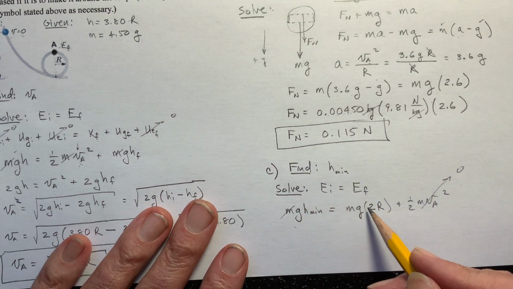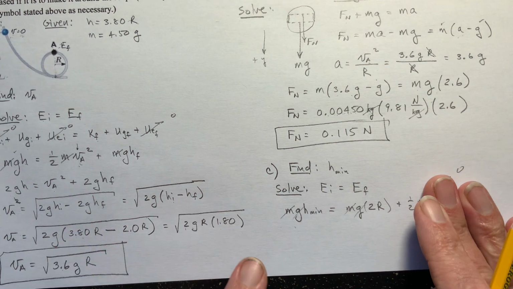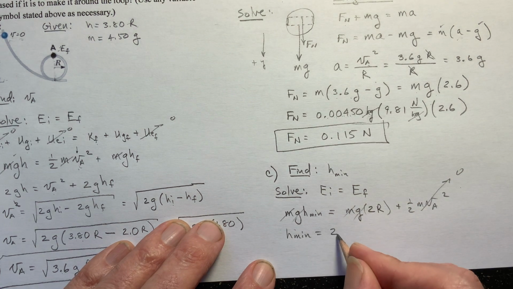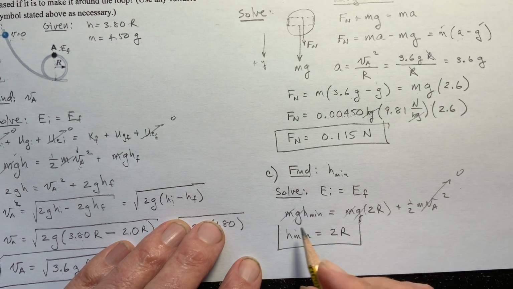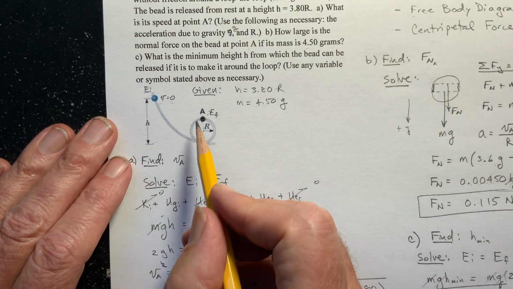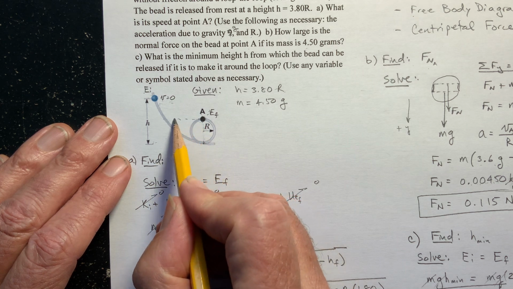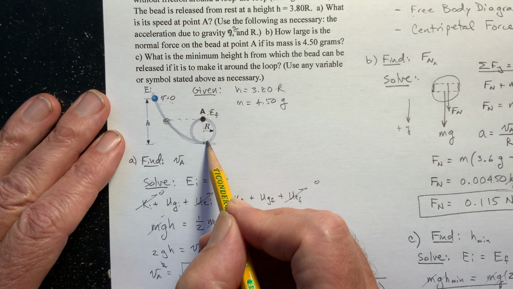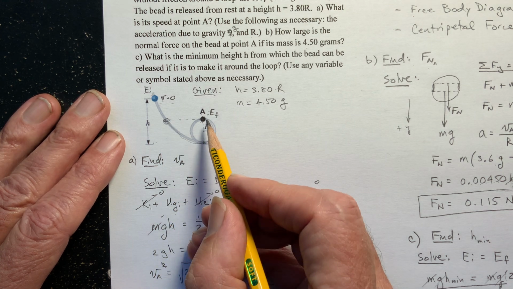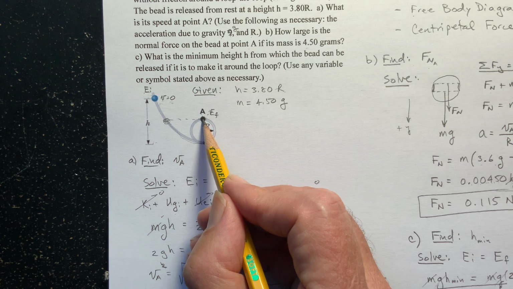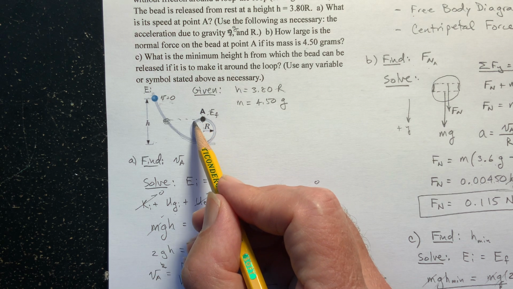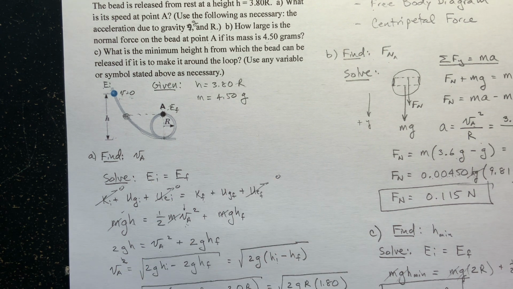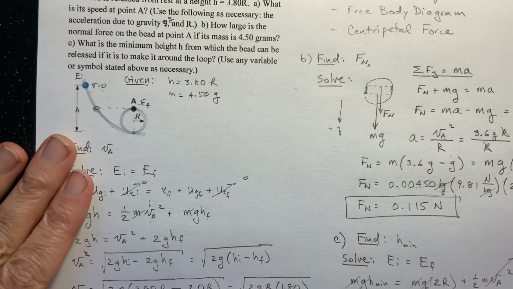So a lot of stuff cancels out here now. If this is 0, the minimum height is just going to be 2r. It's just going to be the same height, right? If you start the bead right here, and there's no friction, the bead will come down and it'll have just enough energy to get back up to where it started, and then it will slide back down, okay? So that's how I interpreted what they asked for there. And so there you go.